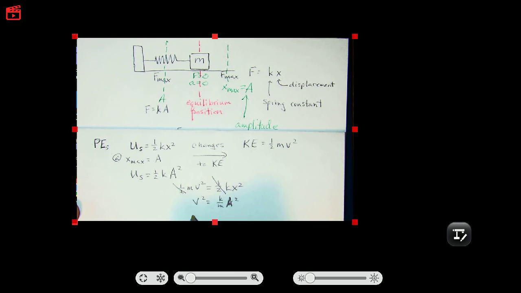And so v, when we take the square root of both sides, is the square root of k over m times A squared, or if I take that A squared out, it's just A. Okay?